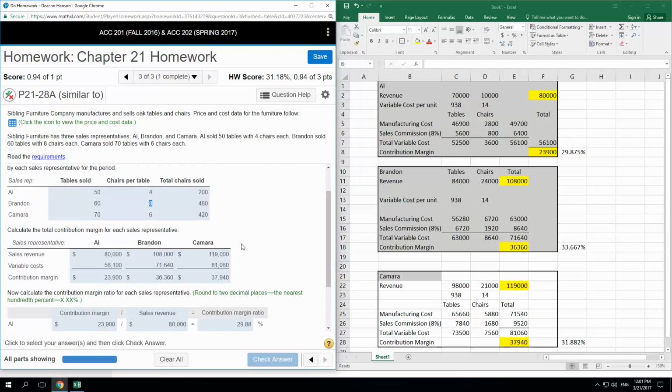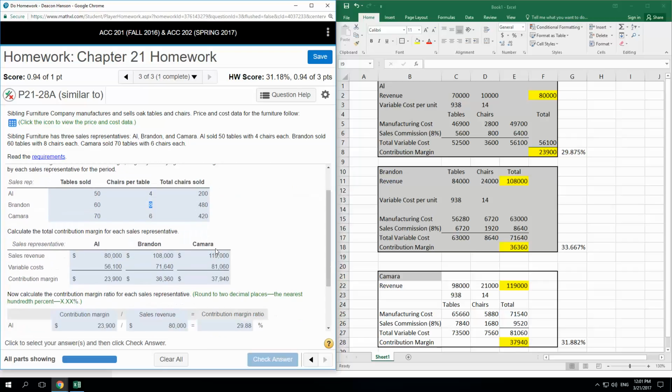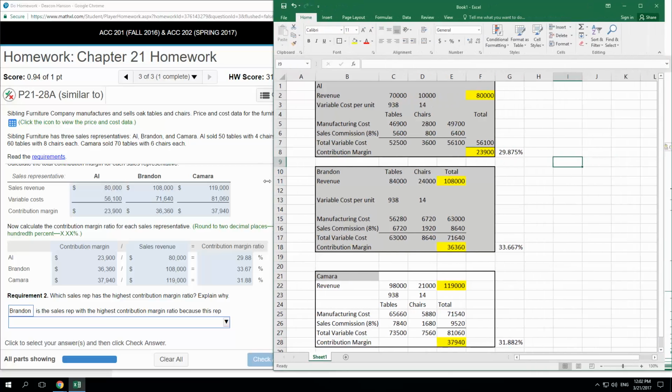So I might explain it that way, saying that he's able to generate a higher contribution margin because, and you could even break it down, you could figure out what the contribution margin ratio is for both tables and chairs. So let's take a look at that.